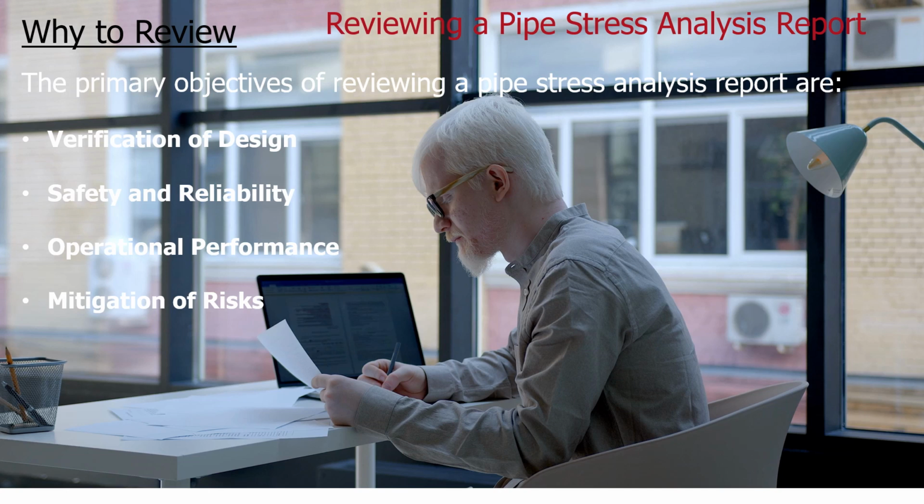For example, we all know that while performing stress analysis, it may be required to change the pipe routes to qualify or to reduce some loads or stresses, then support modifications and material selection adjustments, etc. So mitigation of risk is also one of the reasons that we have to review the pipe stress analysis report.